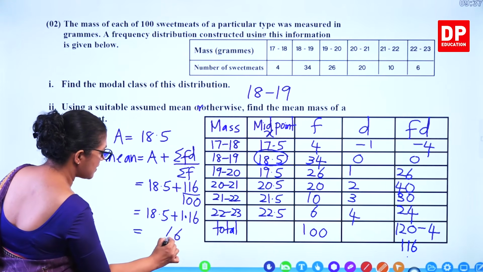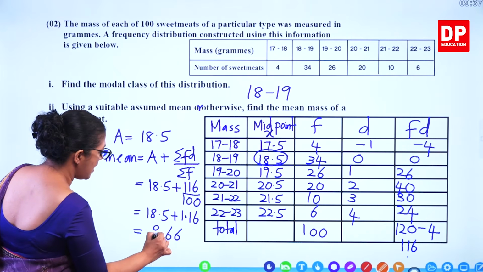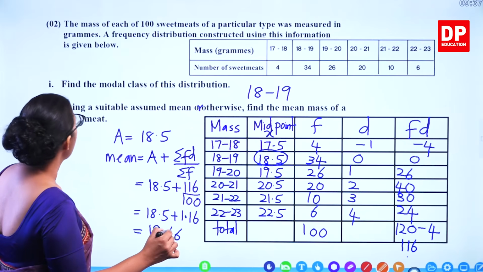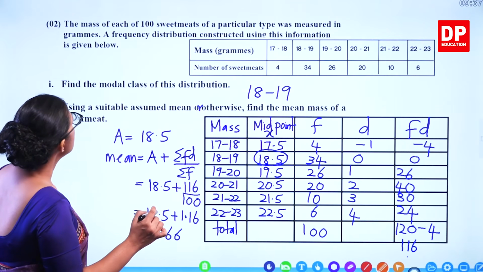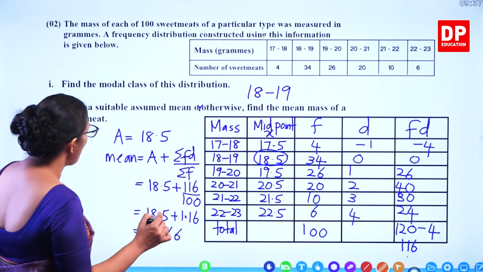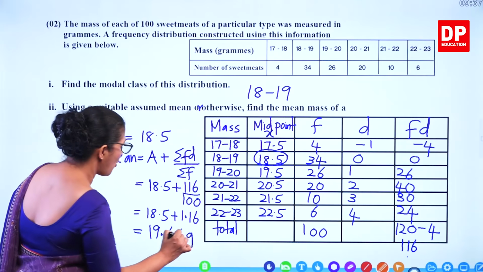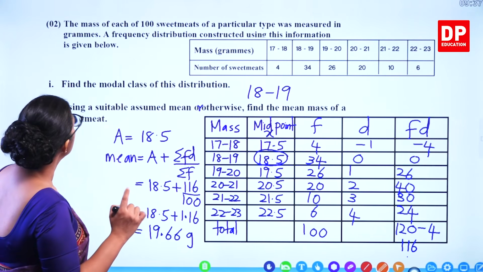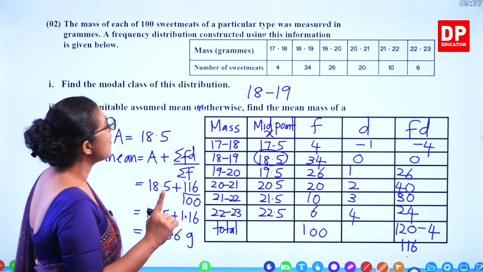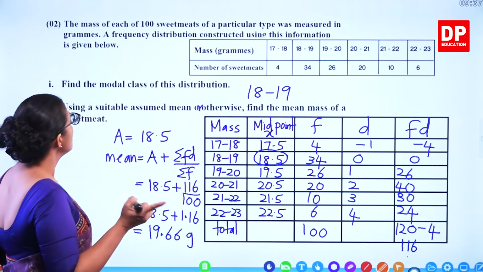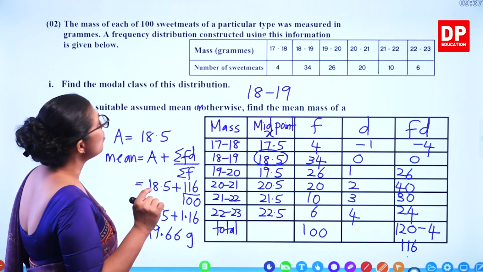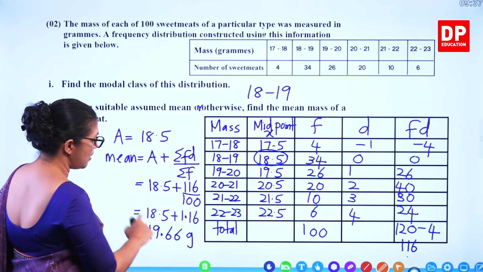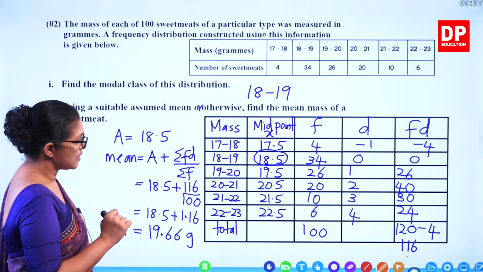Adding, we get 19.66. So this is in grams. So the mean mass is 19.66. Do we have to round it? The question does not mention to round it. So we can write 19.66 grams.